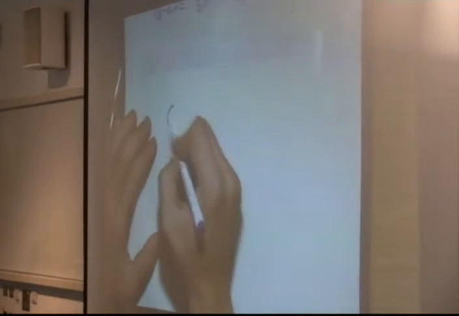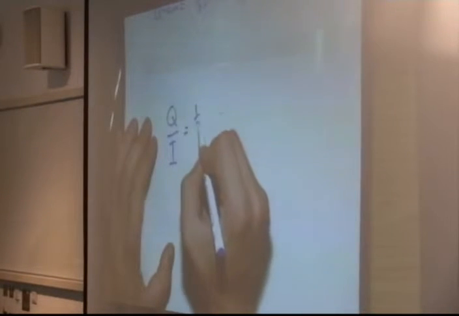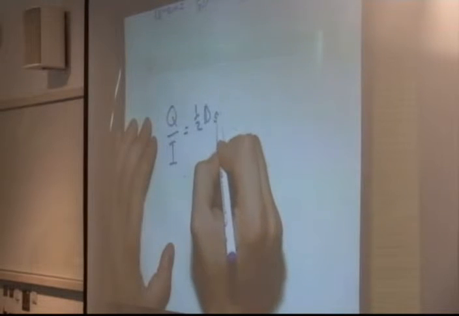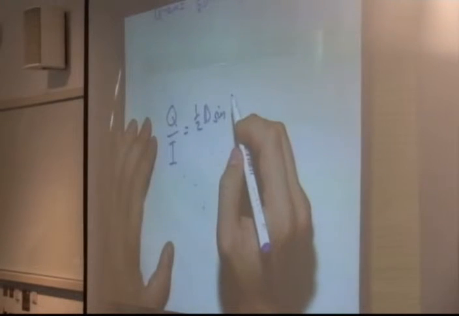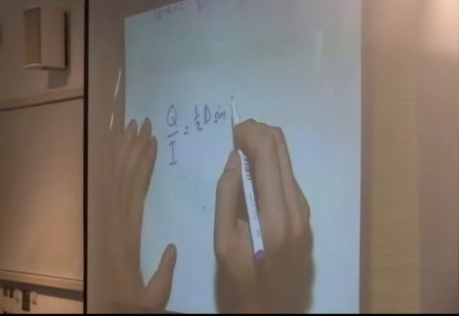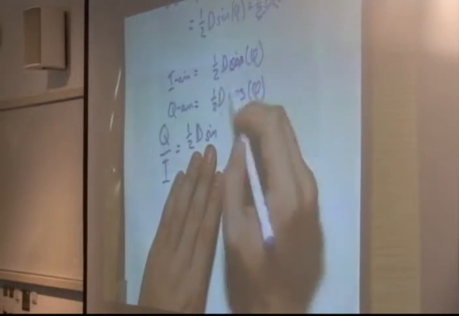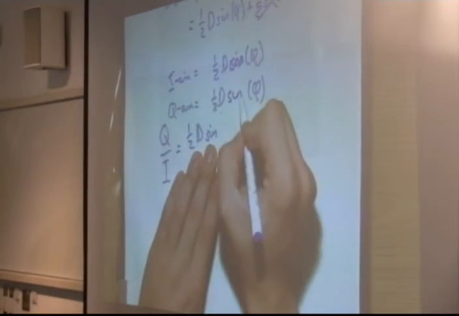We can say that the Q power over the I power is equal to a half d sine. Have I messed these up? Yeah, I wrote them backwards, didn't I? So that's cos, and that's sine. Beg your pardon.